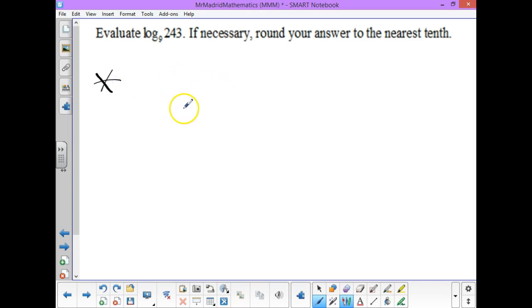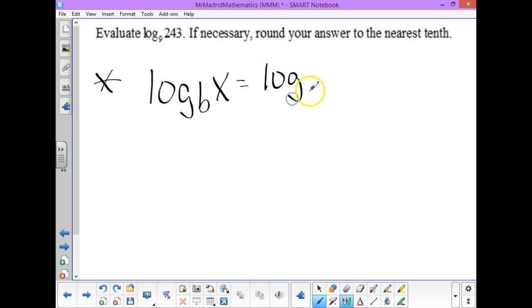We're going to introduce a new formula, and this one's called the change of base formula, and it looks something like this. Log base b of x equals log base a of x. And I'll tell you what, I'm going to write it this way, so follow along, okay?